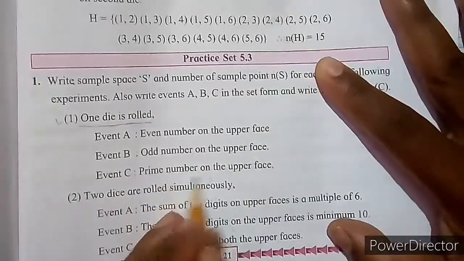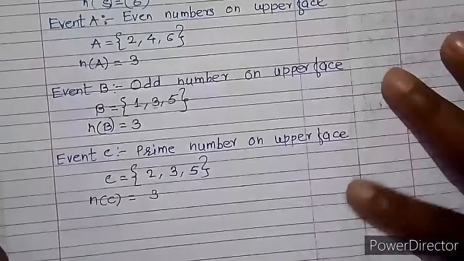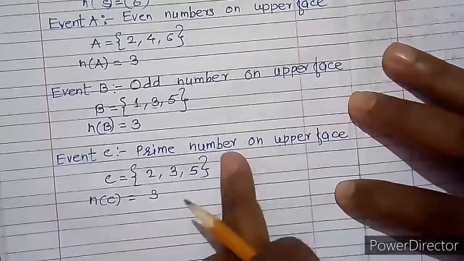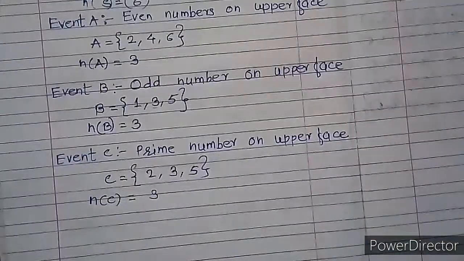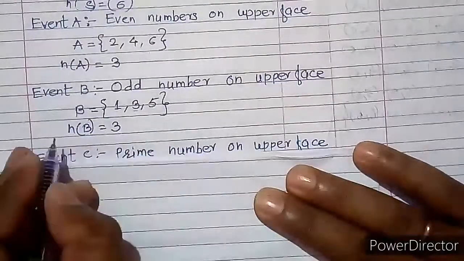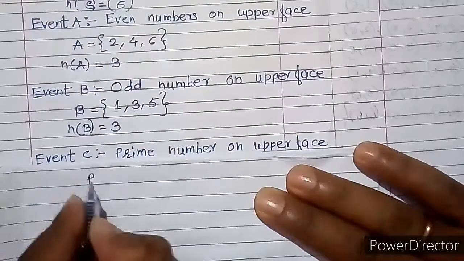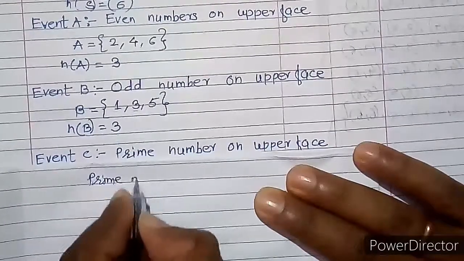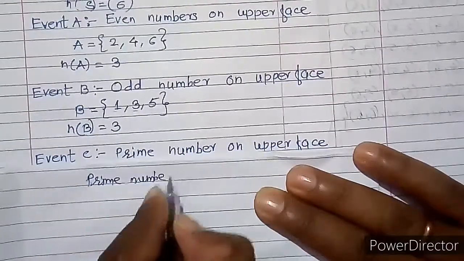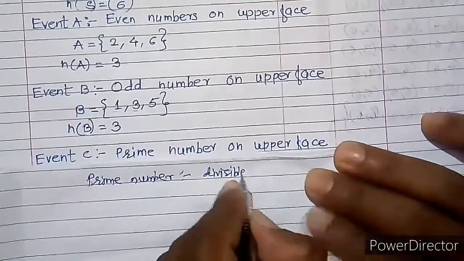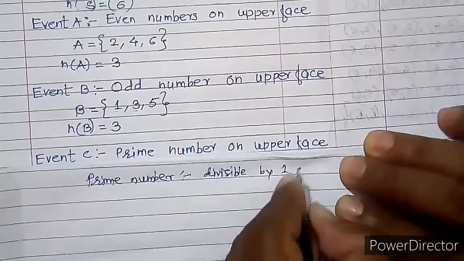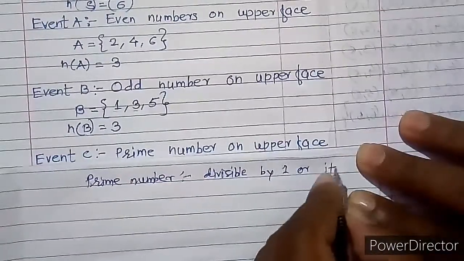Event C is a prime number on the upper face. Then we have to write down event C. Prime numbers are those numbers which are divisible only by 1 or itself.